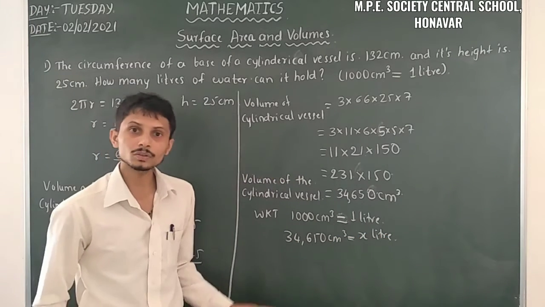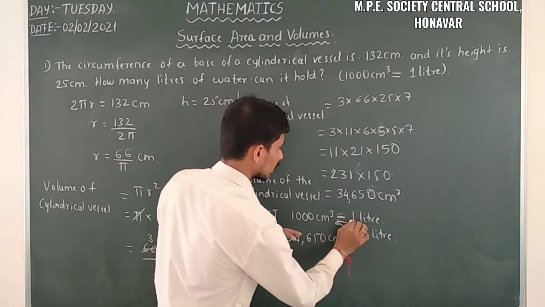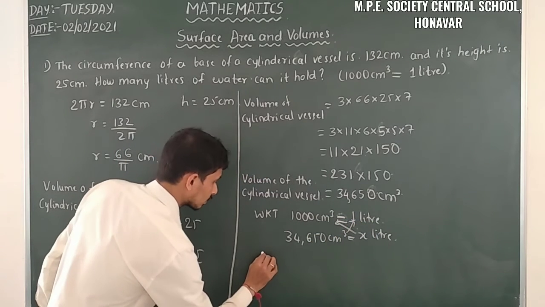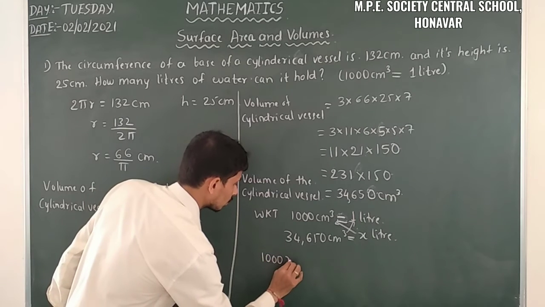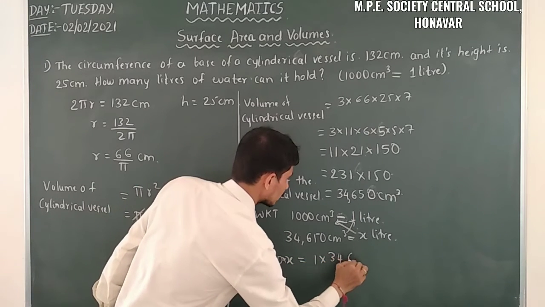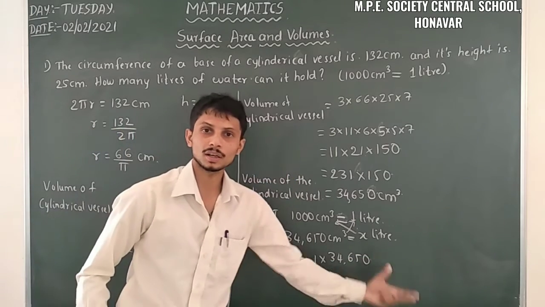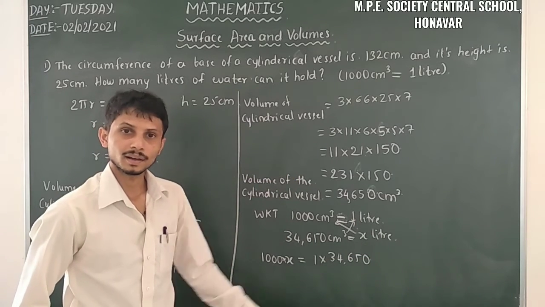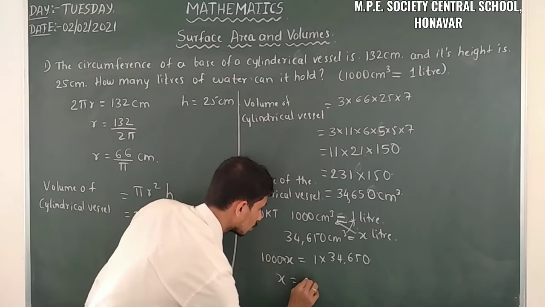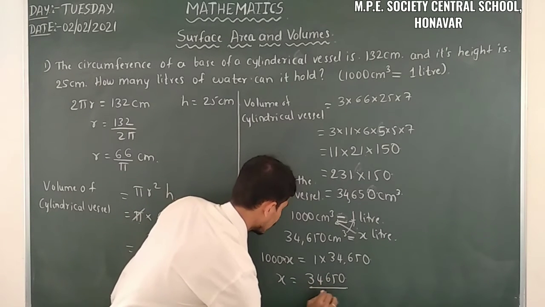So for that, what we have to do? Just take the cross multiplication. 1000 into x is equal to 1 into 34,650, and here I will transpose this 1000 to the RHS side, that is x is equal to 34,650 divided by 1000.